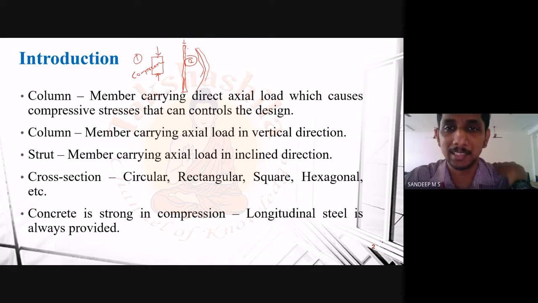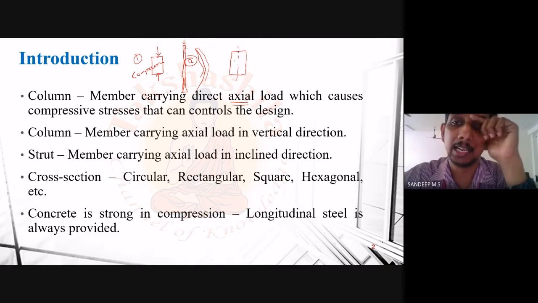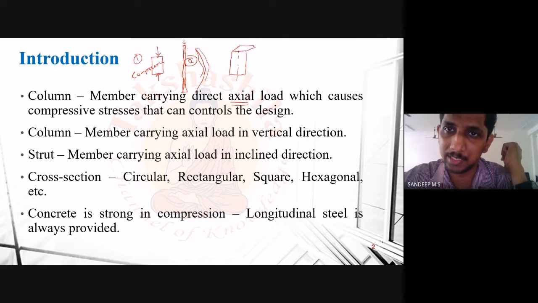And as one of you mentioned, here also I have written that the members carry direct axial loads. It is axial loads, but there is one thing that you should note. Suppose we have a column like this, which will be the axis of this, and we take the side view. This is the side view, so this is your vertical axis, and if I take the cross section, let's take it as a square column.